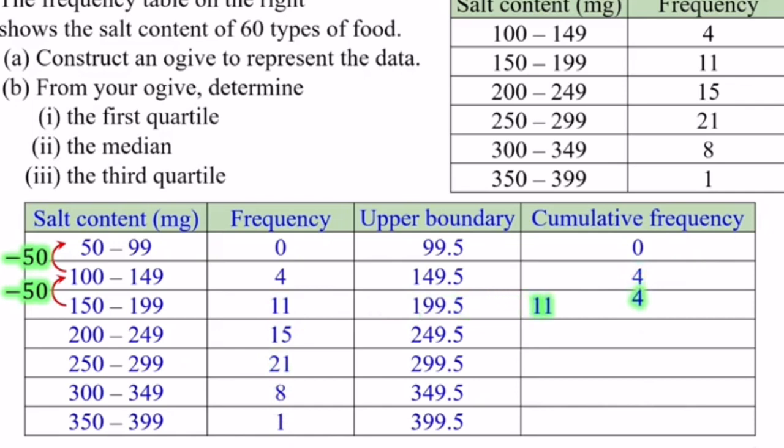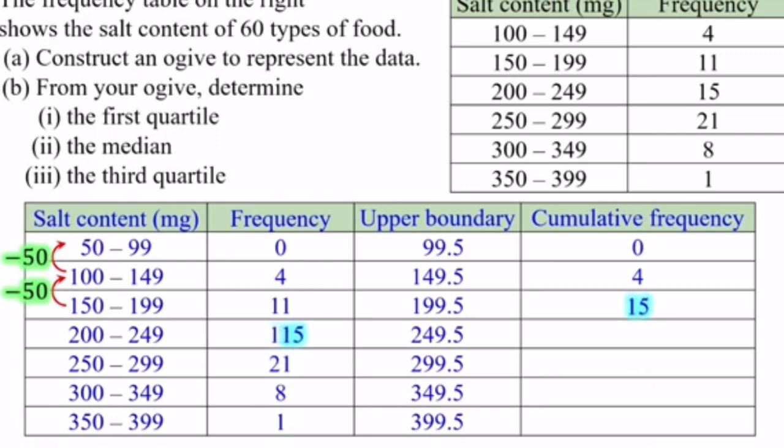It means that there are 15 types of food having a salt content less than 199.5. Okay, so we will keep on adding for the cumulative frequency to the next class.